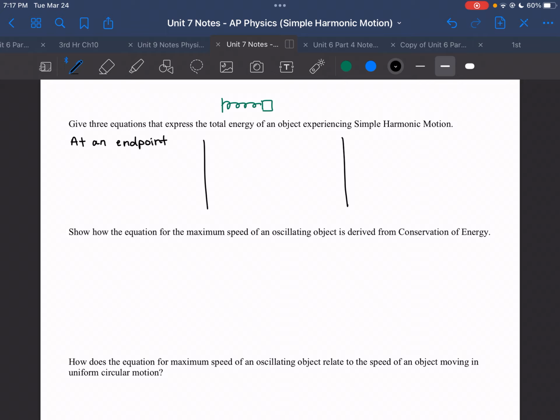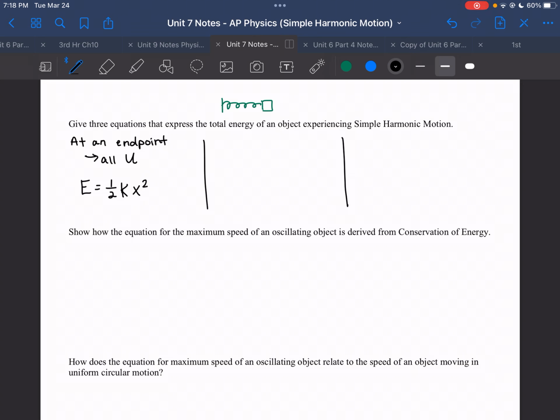When you're at an endpoint, all of the energy is stored. And so the total energy of your system is going to be that stored elastic potential energy. So it's all equal to 1/2 times the spring constant times x squared.